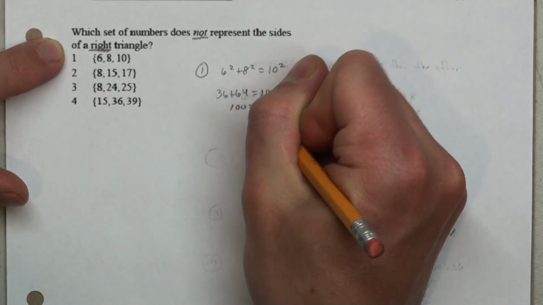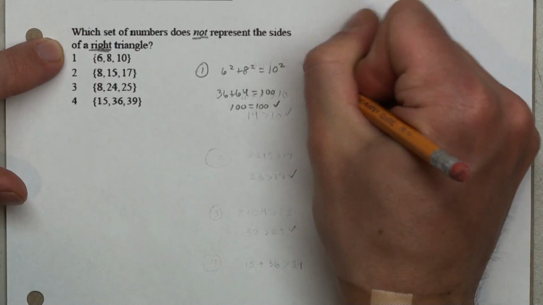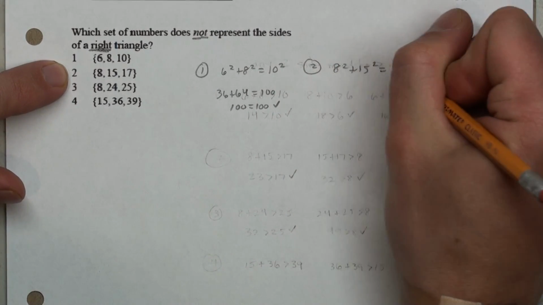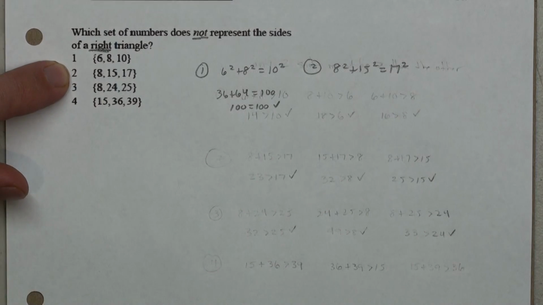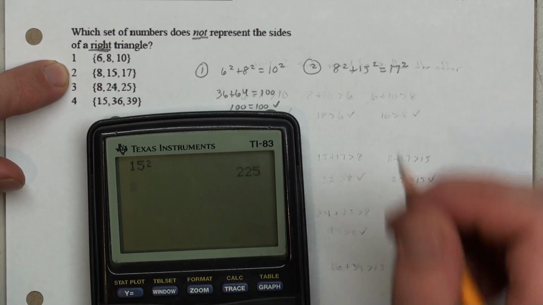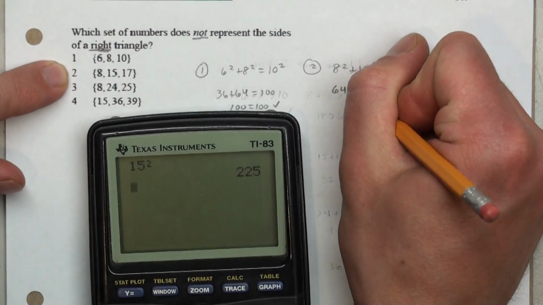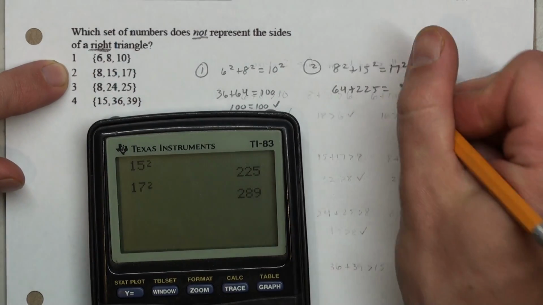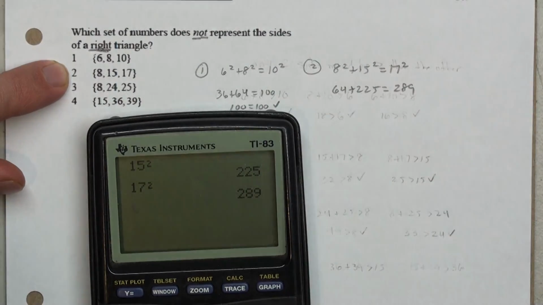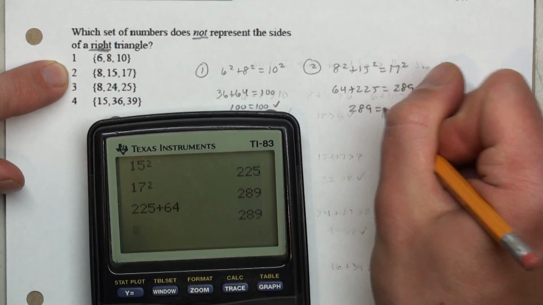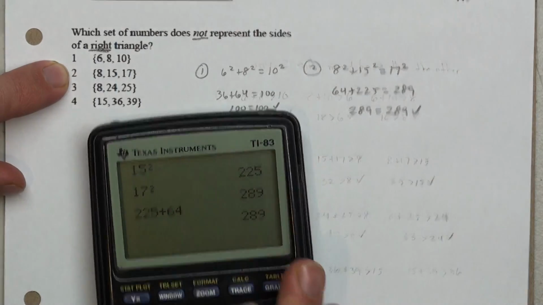Yes, 100 equals 100, so that checks. Number 2, does 8 squared plus 15 squared equal 17 squared? 15 squared, I think it's 225, yep, so 64 plus 225, we want to know if that equals 289. 225 plus 64 is 289, so 289 equals 289. That one works.